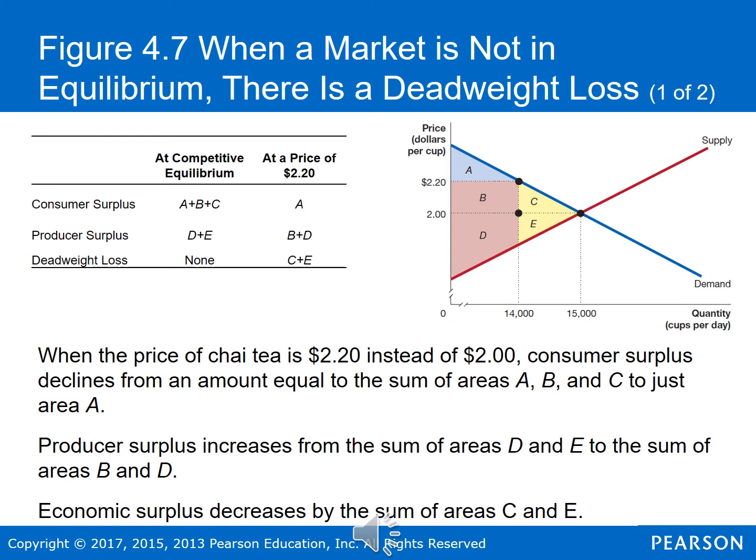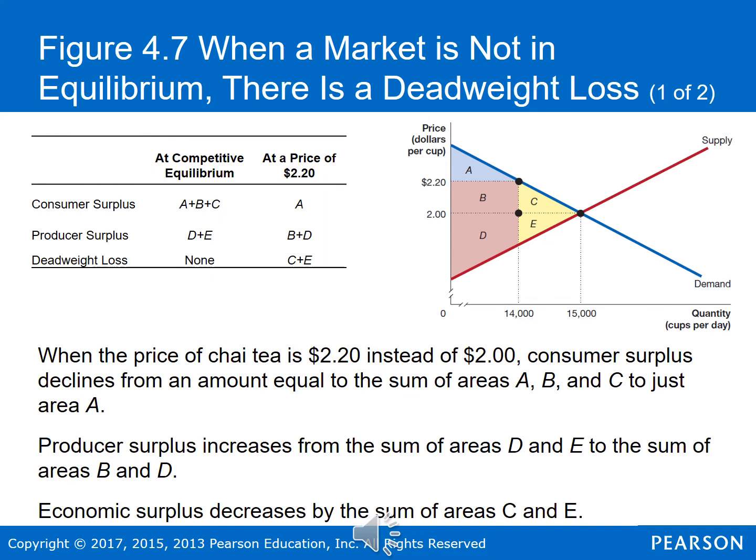Well, let's suppose the market's knocked out of equilibrium. So the price being traded is $2.20, and at that price, there will be 14,000 cups of tea being bought and sold. At this new higher price, this non-equilibrium price, the consumer surplus is going to fall to the area A, the difference between the new price and the demand curve.